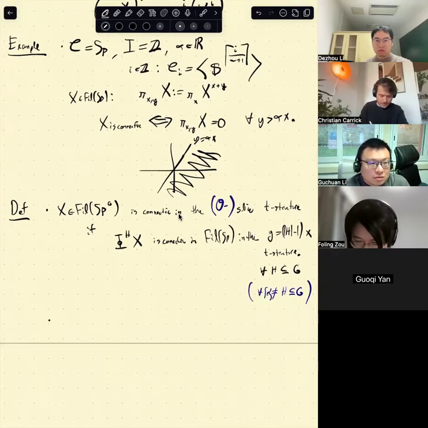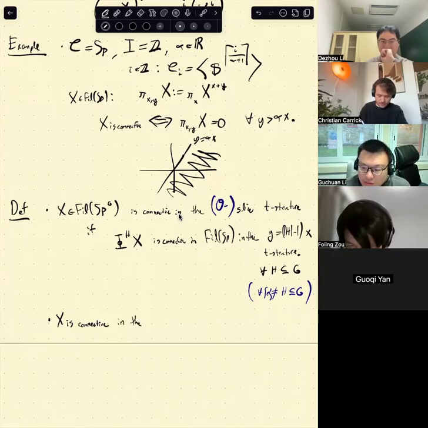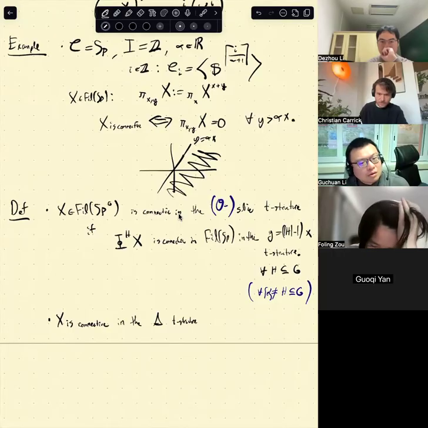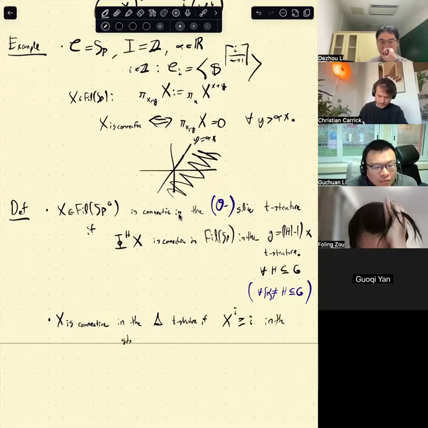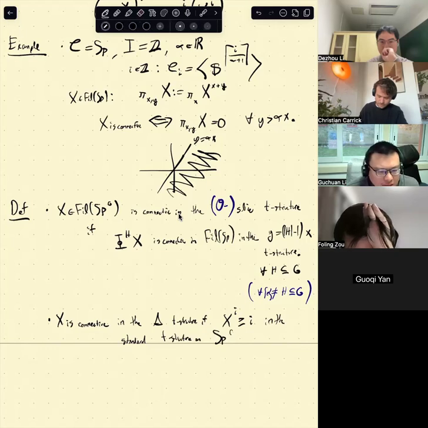And while I'm here, I want to mention one other T structure on filtered G spectra, which is defined by the following. So I want to say X is connective in the diagonal T structure if X i is greater than or equal to i in the standard T structure on G spectra for all integers i.